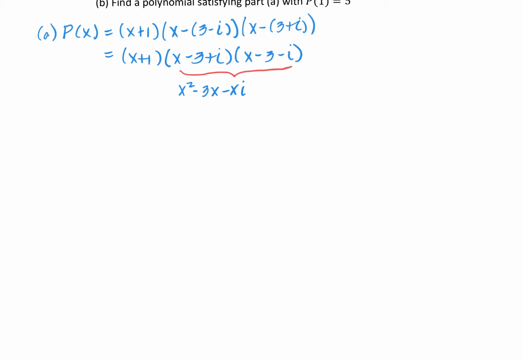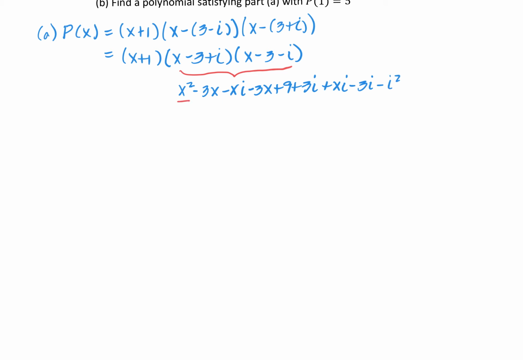And then distributing the -3, I get a minus 3x plus 9 plus 3i. Distributing that plus i, I get a plus xi minus 3i minus i squared.